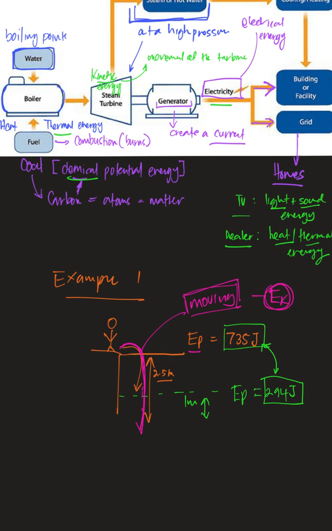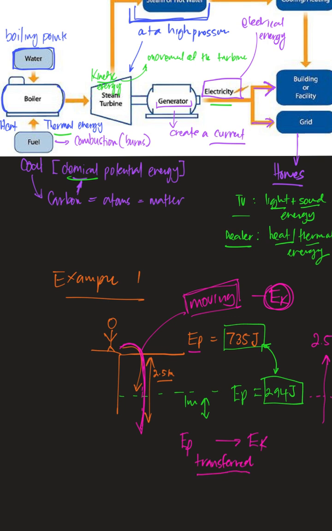So what happened was, in that period, from 2.5 meters at the top to about 1 meter here, there was a conversion of energy. It went from EP to EK. There was an energy that was transferred. So the gravitational potential energy became kinetic energy.